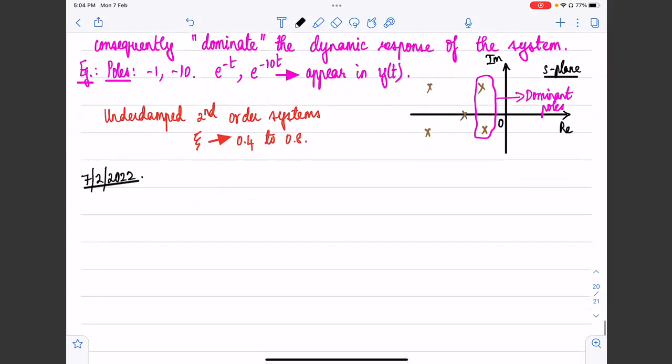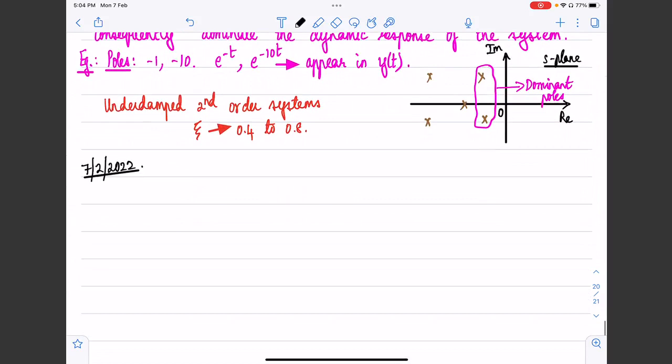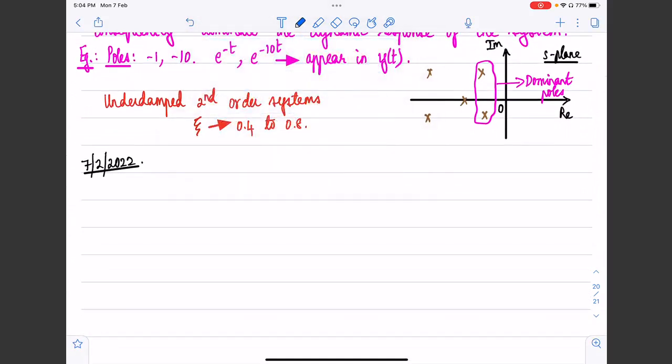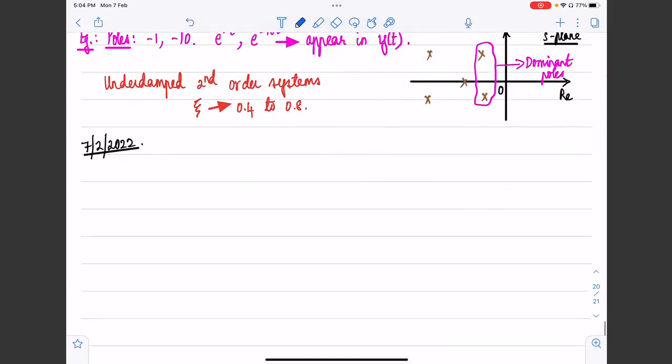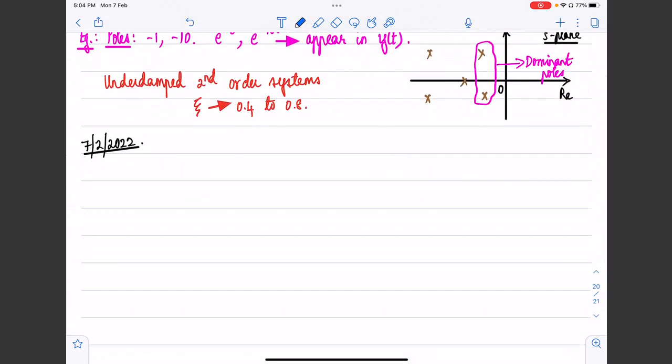Typically, when we work with second order systems and try to specify performance, we once again consider the unit step response. So let us start with that today. Let us consider the unit step response of underdamped second order systems.